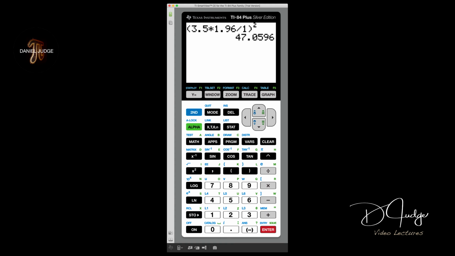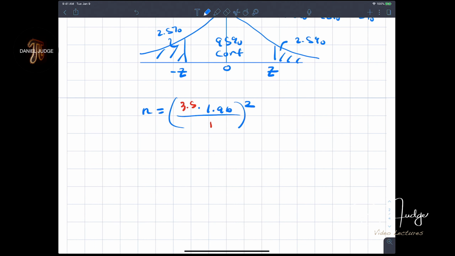So you get this number, 47.0596, right? Now remember here, people are going to say, where do I round this answer to? Well, what are we talking about? Let's stop and think. This is data values. So you're going to round to the nearest whole number, or simply the ones position.